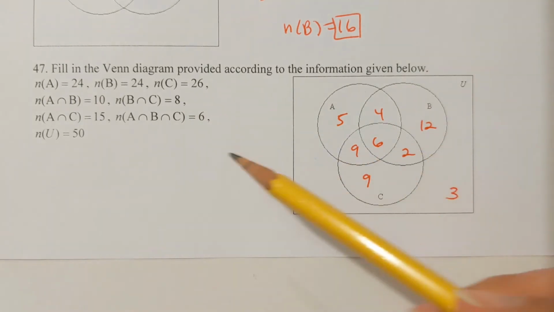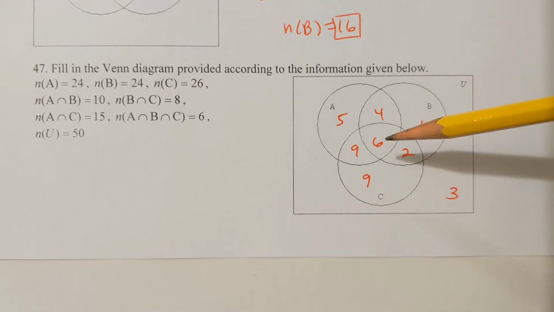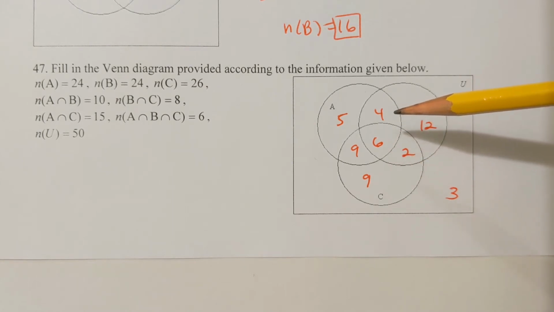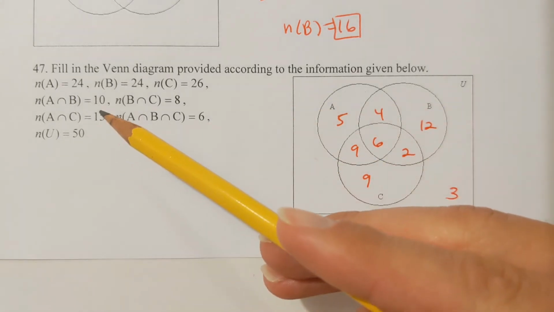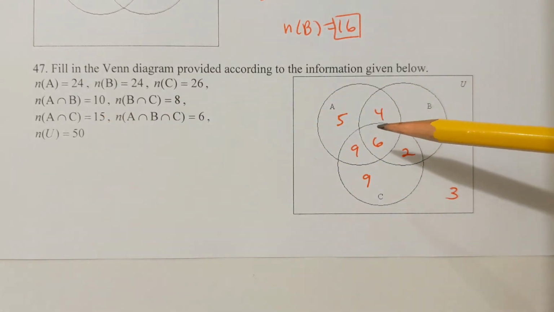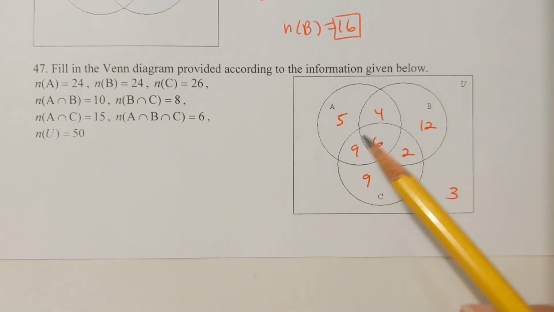Okay. The cardinality of A intersect B is 10. I've already got 6 things in A and B and C. I'm going to need 4 things in A and B, but not the part where A and B overlap C. Okay, that way I've got 10 total in A intersect B. Okay, so I've got the middle there.